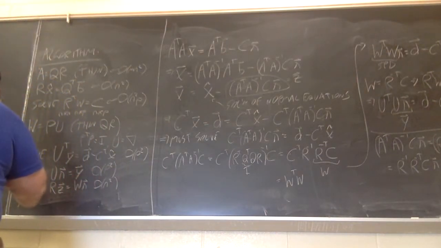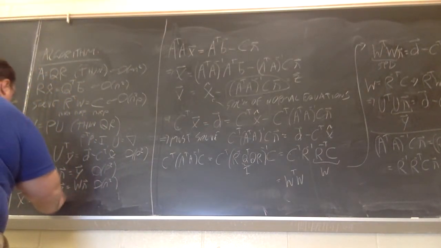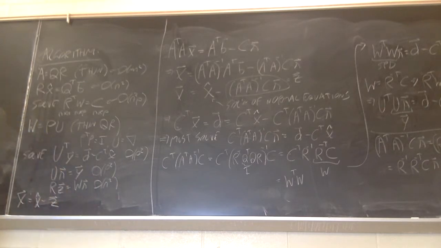So x is equal to x hat minus z. And then I'm done. So since m is larger than n, which is larger than p, the overall cost is bounded by a constant times mn squared. This is the most expensive step right here, that initial QR factorization.